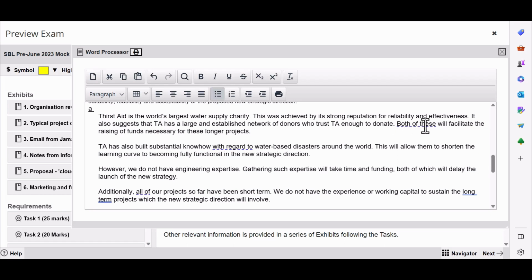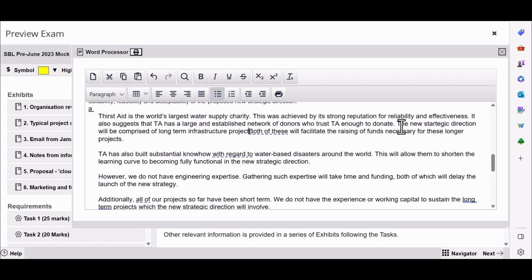Okay, so how would you make this last sentence an application? So this is an explanation. The second bit is an explanation. So how do you apply it to the question? You say, look, the new strategic direction will be comprised of long-term infrastructure projects.